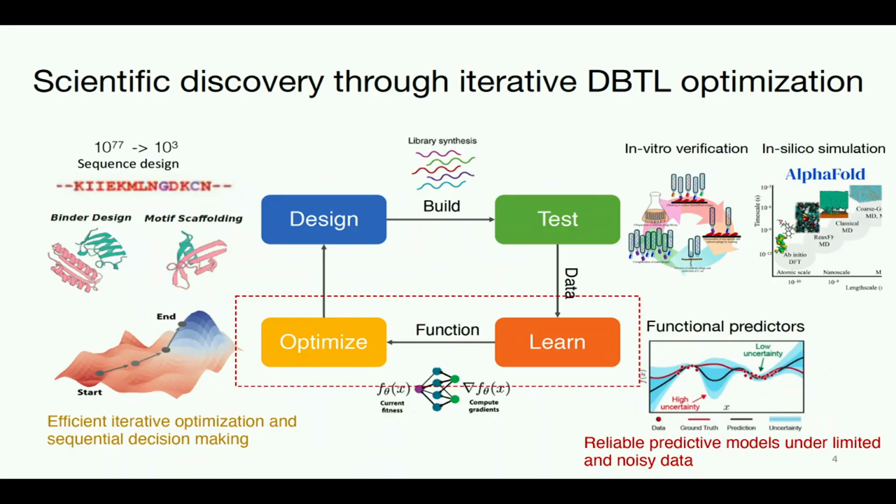All right, let's go back to protein engineering and drug discovery. As we mentioned many times in this course, we can think about the fundamental process of engineering or discovering a new molecule or drug as an iterative design, build, test, learn cycle. Through the cycle, we iteratively come up with a proposal, which is the design, and we build what we proposed, and we test it with either in silico or in vitro verifications, like high-throughput assays, or animal studies and clinical trials.